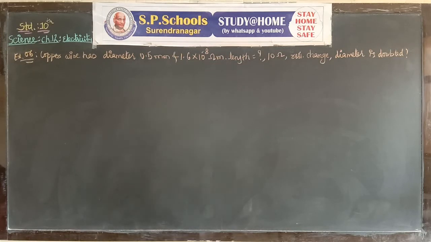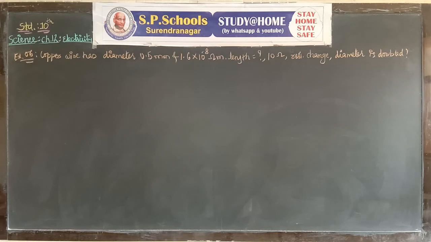Let's go through textual exercise, question number 6. Question number 6 is related to resistivity. It says a copper wire has a diameter of 0.5 millimeter and a resistivity of 1.6 into 10 raised to minus 8 ohm into meter.